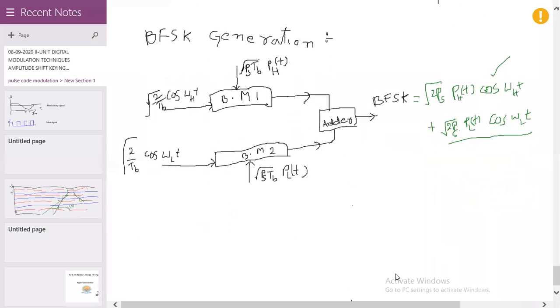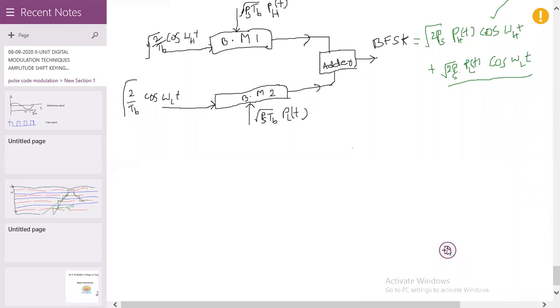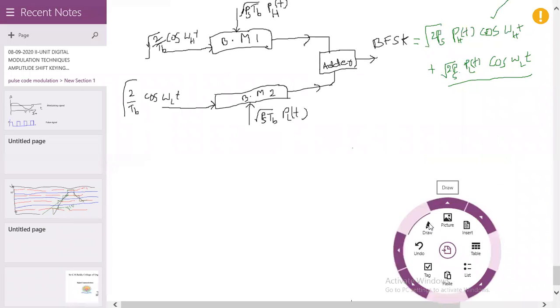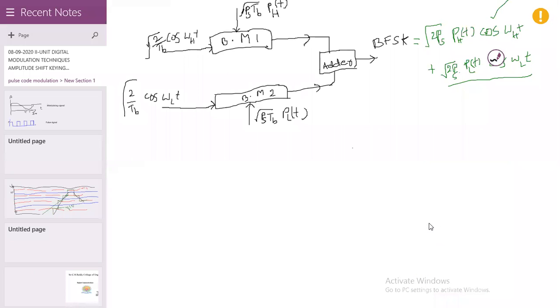Yes, ma'am. Okay. Next, here we can find out the bandwidth of the BFSK signal, because the bandwidth and the distance between the two symbols are very important to compare one system with another system. Which one has advantages, which one has disadvantages, and where we can use this type of modulation technique according to their characteristics.